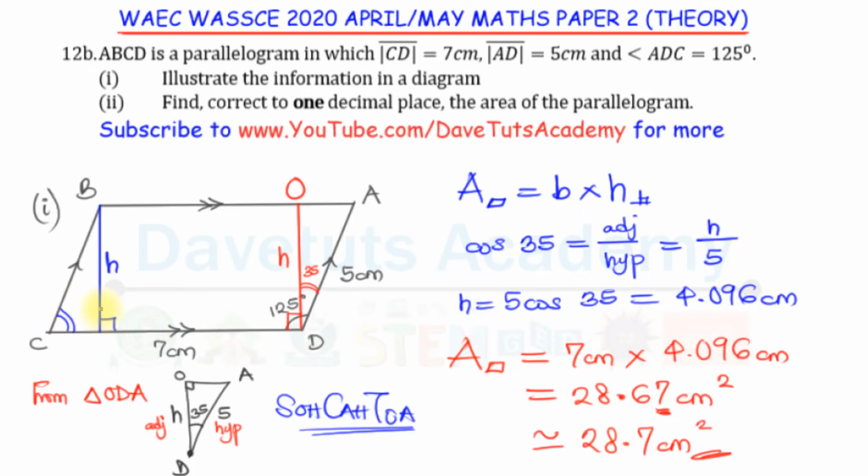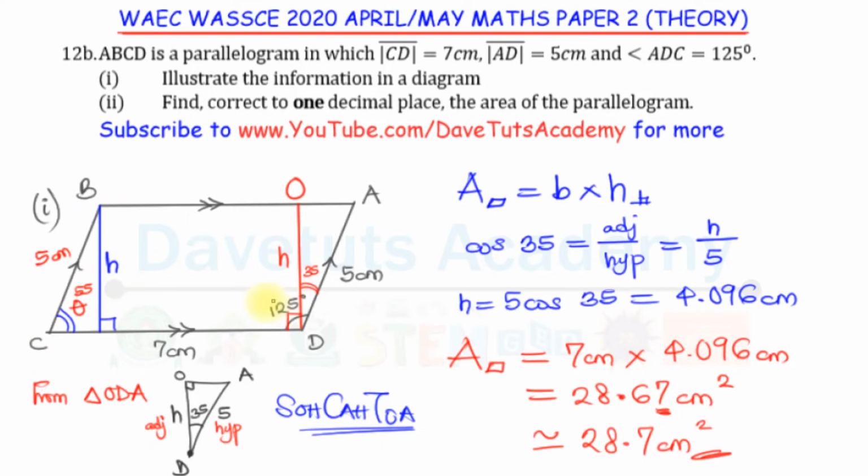So alternatively, we could have said that looking at this particular h in blue, we can say that 125 plus this angle here, if I call this theta, the two of them are actually supplementary. They will add up to 180 degrees. So this will be 180 minus 125, so it will be 55. Then we can also use SOHCAHTOA, because this is also 5 centimeters, and now we have the hypotenuse, which is 5 centimeters, and we are looking for the opposite.